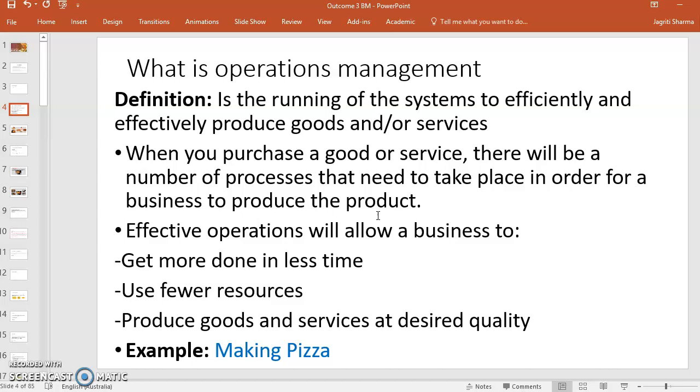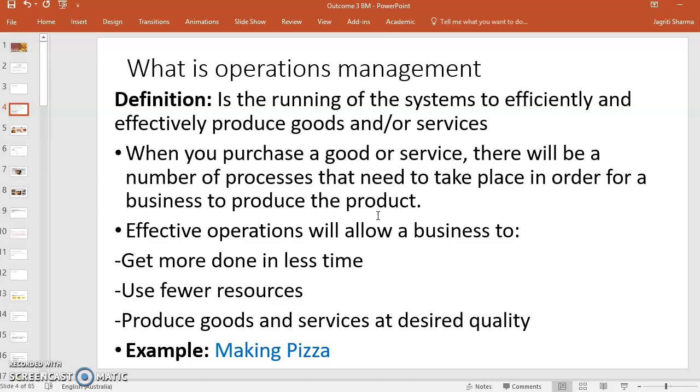When they're making a packet of chips, first they need to source the potatoes, peel them, cut them into the required sizes, and then go through several processes, and in the end pack them and send them to the relevant grocery stores. These are called the operations management, from input to the output of the product.